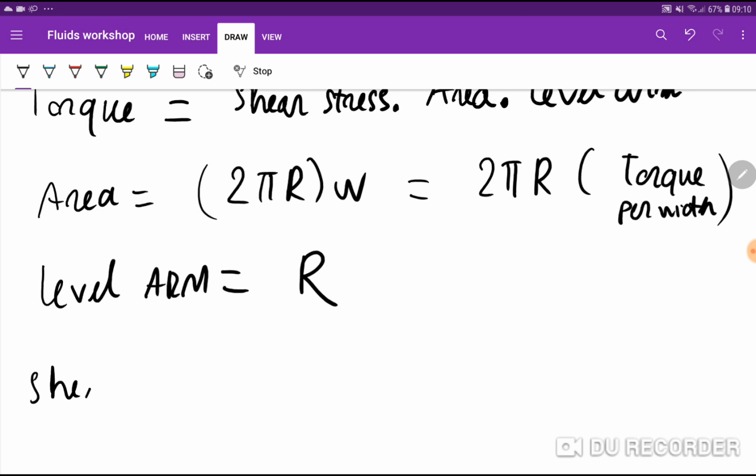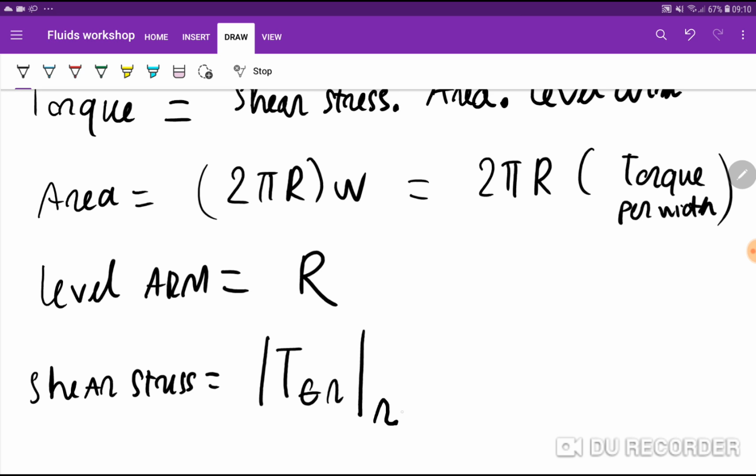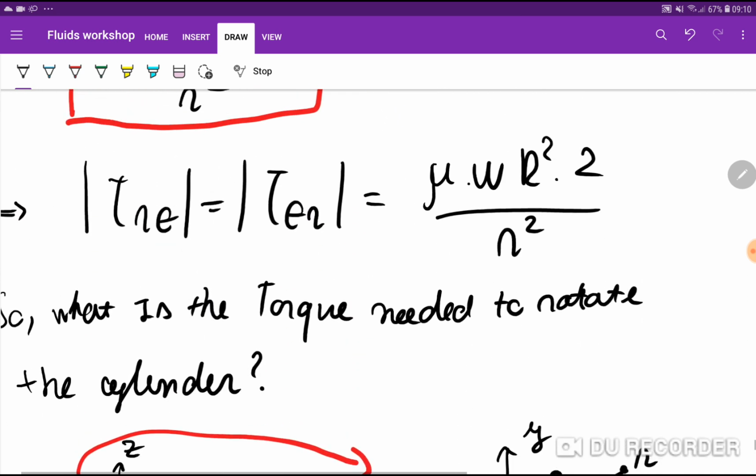The shear stress, we had it already, right? The shear stress is tau theta r at the point with radius equal to big constant R. So you have the shear stress ready. This term right here, you just substitute in big R to the denominator.